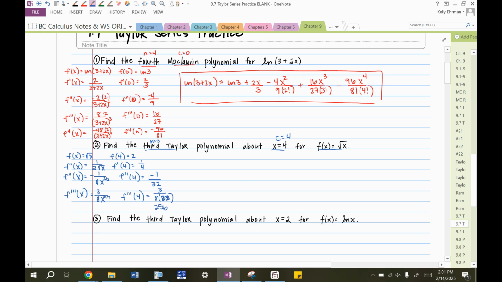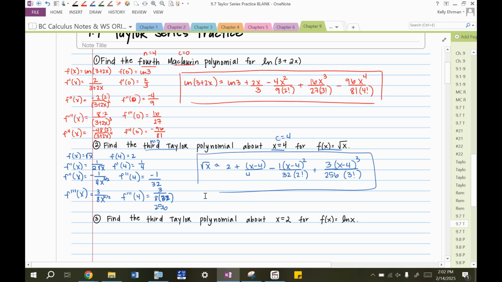Okay, so radical x can be approximated by f of 4 plus f prime of 4 times x minus 4 plus f double prime of 4 times x minus 4 to the second over 2 factorial plus f triple prime of 4 times x minus 4 to the third over 3 factorial. That's our approximation for radical x.